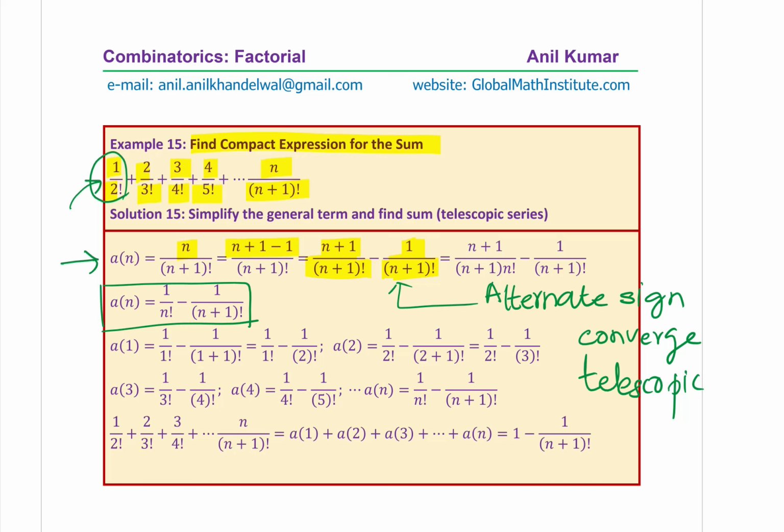So we have the terms a1, a2, a3, a4, an in general, and then replacing these terms with our a's, we know we have alternating opposite signs, they cancel, so we get 1 minus 1 over (n plus 1) factorial as our answer. So that is how we are going to prove it.